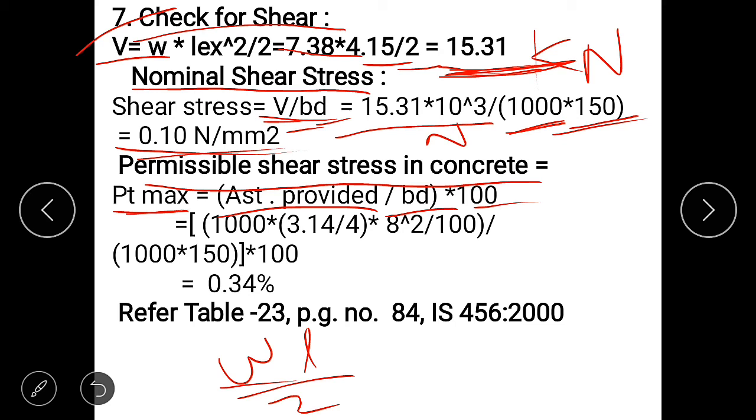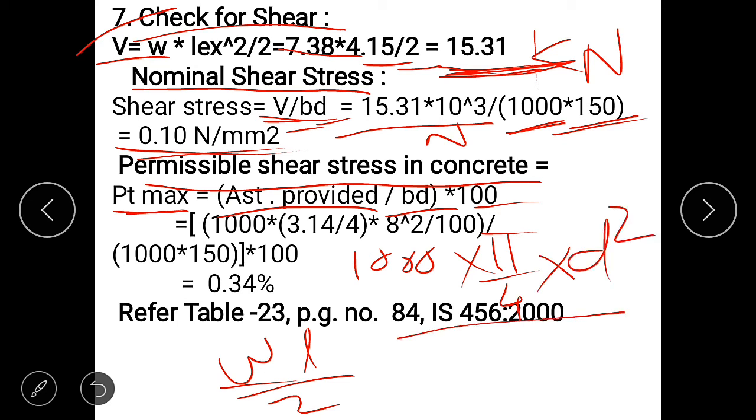AST provided means 1000 into pi by 4 into d square divided by spacing, into 100 divided by B into D. So 1000 into pi by 4 into the diameter of bar 8 square, divided by spacing 100. B is 1000 as the width and depth is 150. So the percentage is 0.34.